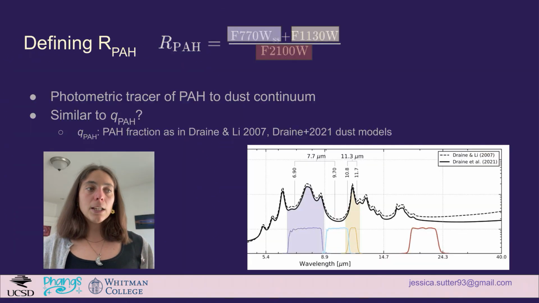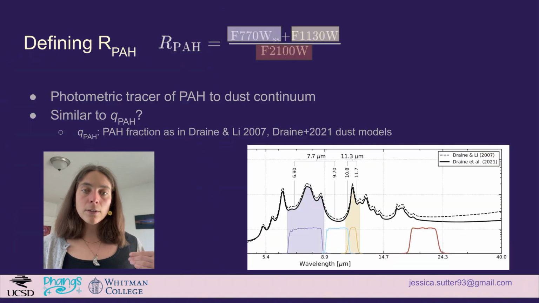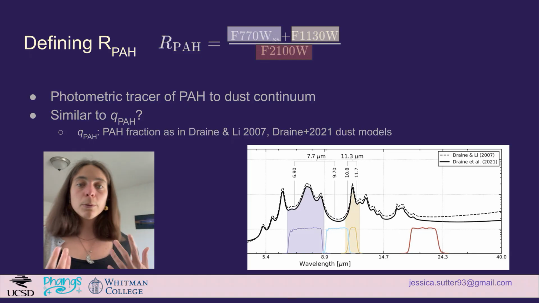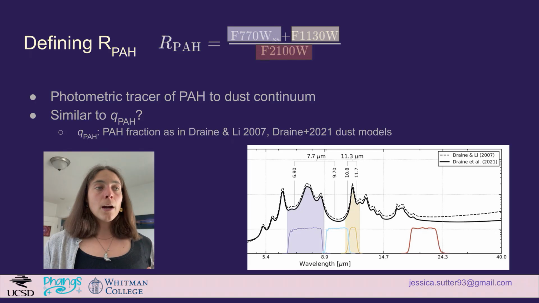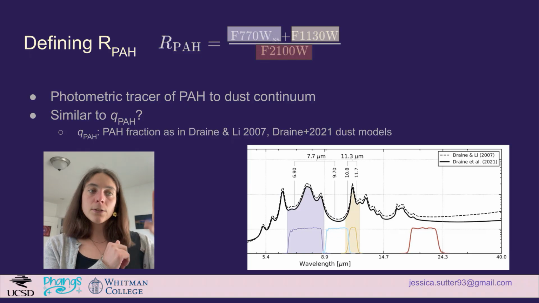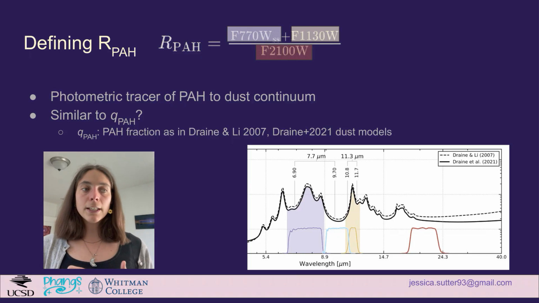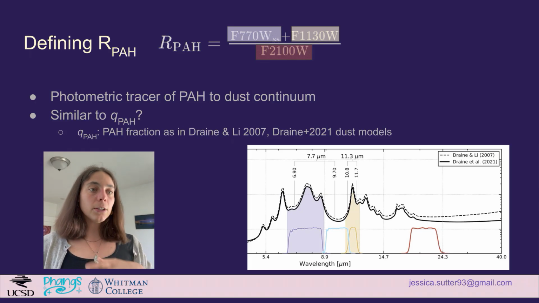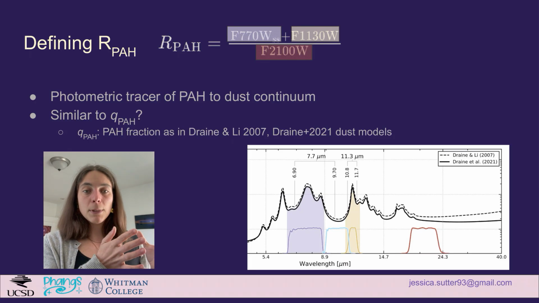With all this data, we can now go about defining our photometric tracer of the PAH fraction, which we're going to call our PAH fraction, or R_PAH. Our R_PAH is just the sum of our two MIRI PAH tracing bands divided by our dust continuum band. So just as a reminder, I've shown that dust model again where we can see the purple and the yellow are our F770W and our F1130W, our PAH tracing MIRI bands.